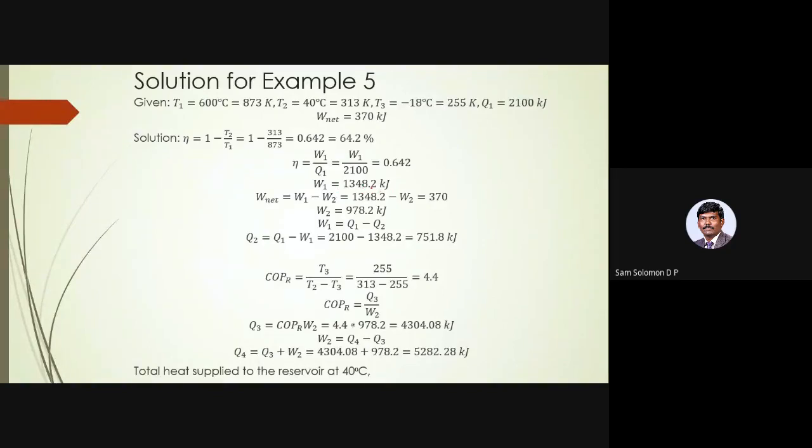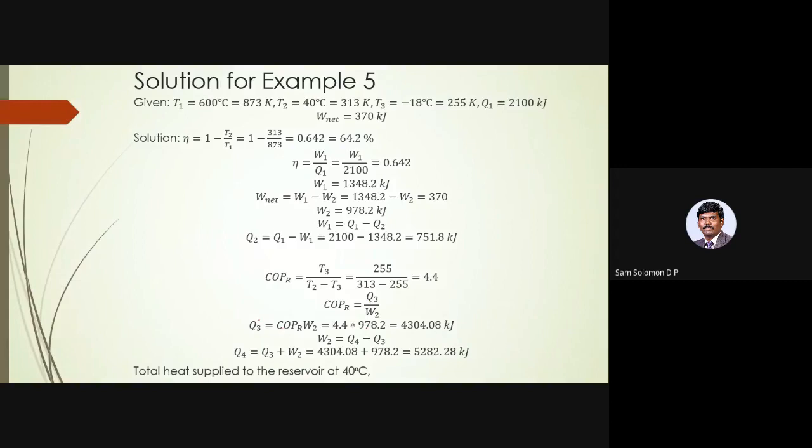Okay, so 13448.2 kilojoule, that is the work delivered by the heat engine. And we use W net to get the value of W2, which is work input to the refrigerator. I get the value of Q2. COP of the refrigerator is 4.4.